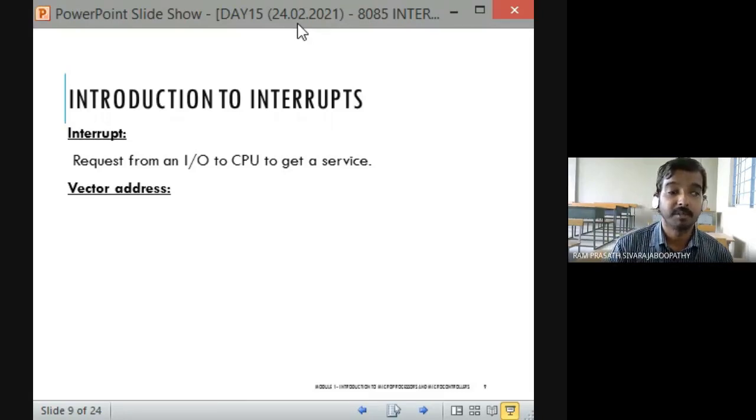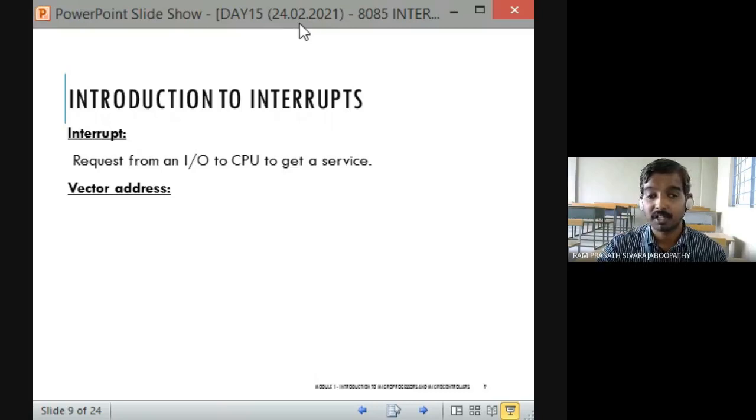Then what is meant by vector address? Once the CPU acknowledges an interrupt, a particular address will be there, and from there the service program will start running. Yes, very good.